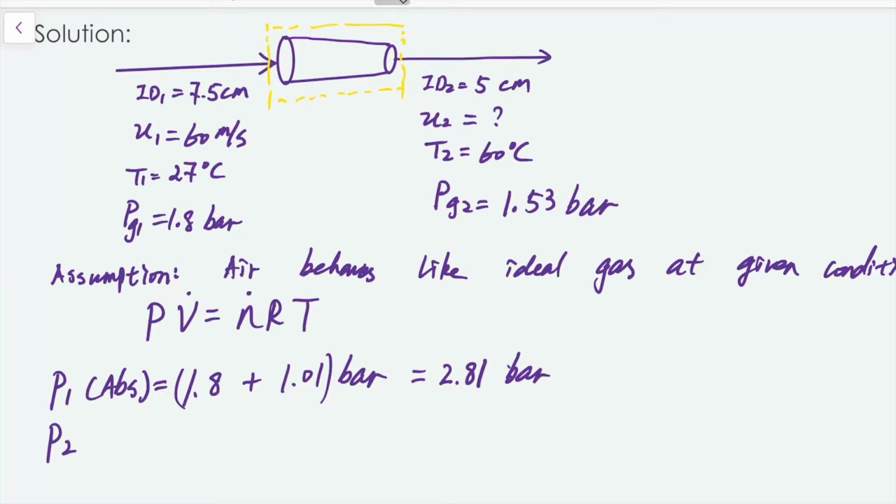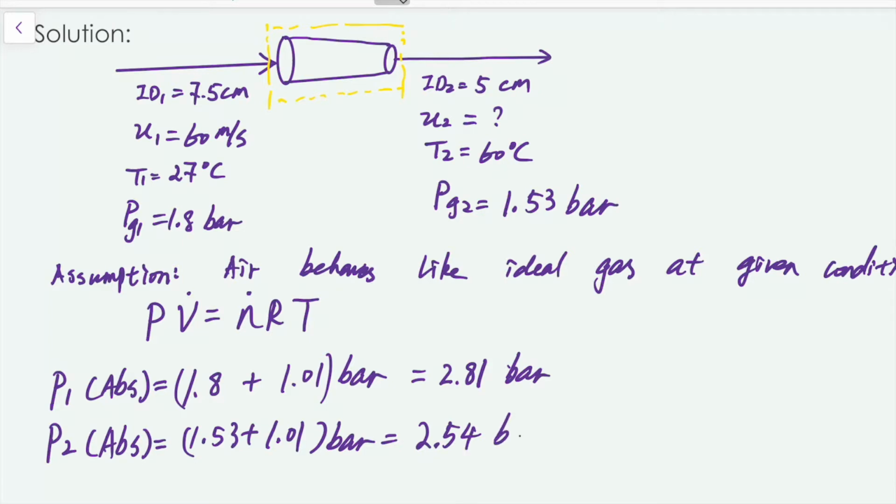Do the same thing to the downstream. Absolute pressure is 1.53 plus 1.01 bar. Then we got 2.54 bar. Okay, now we have absolute pressure and temperature.